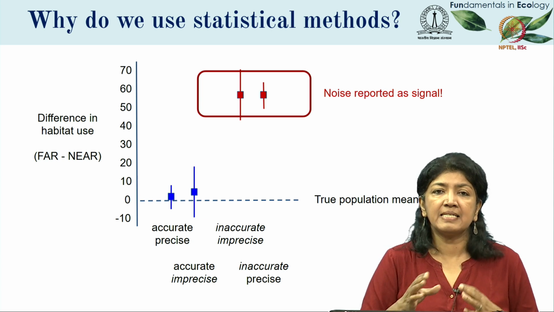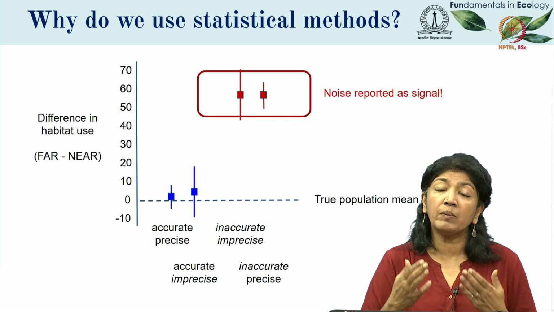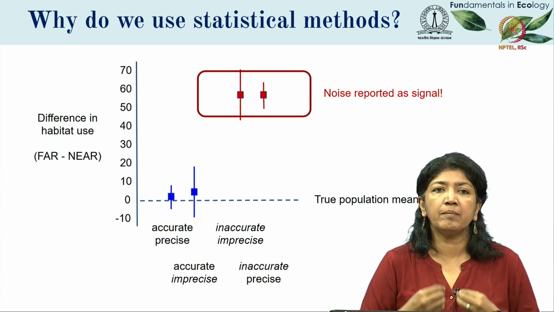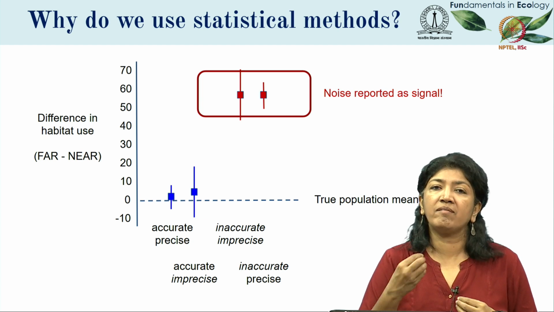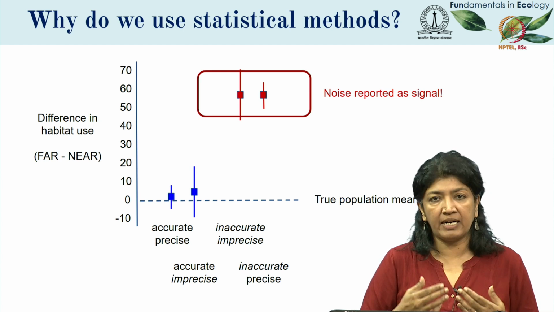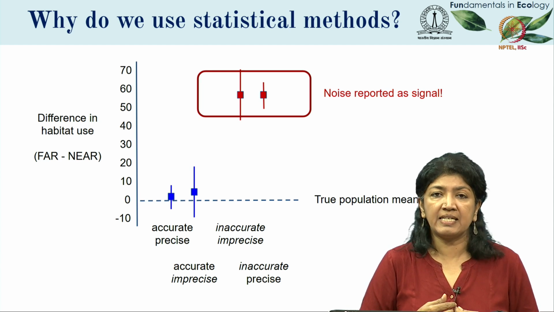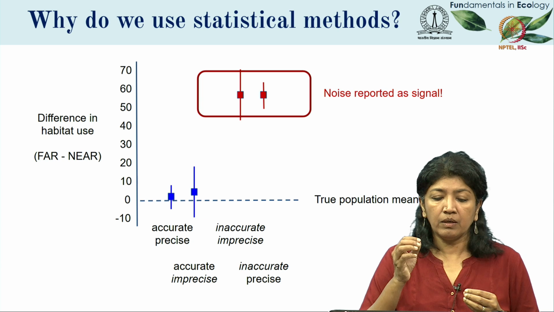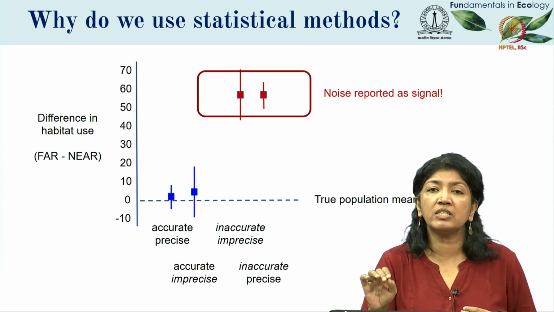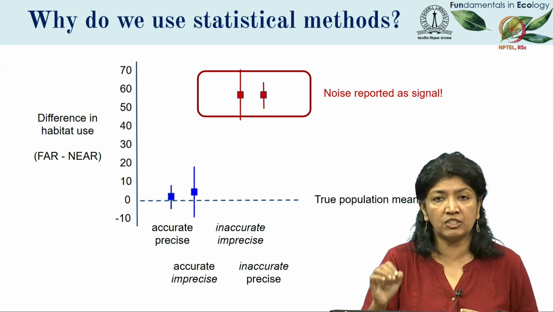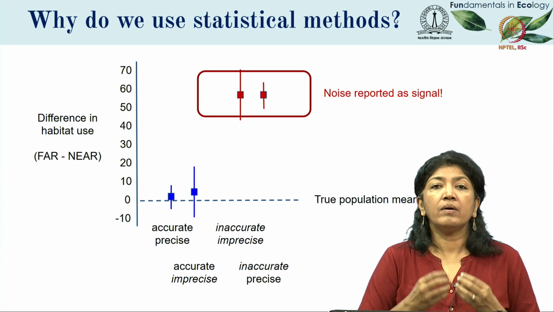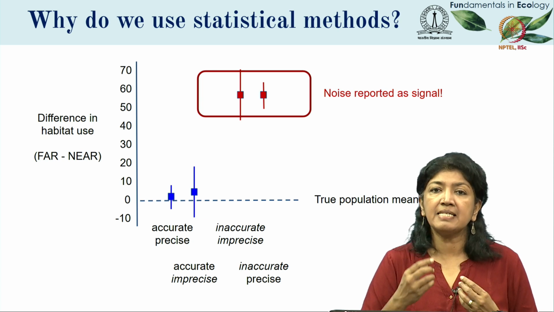Now, in both these examples, I have told you that we know the true population mean. However, typically we do not, right? Typically in a question like this, where we are interested in understanding how roads impact butterfly habitat use, we don't have an idea of what is the true situation in the population, what the true population mean is. So, how then do we know whether we have accurate and precise measures?